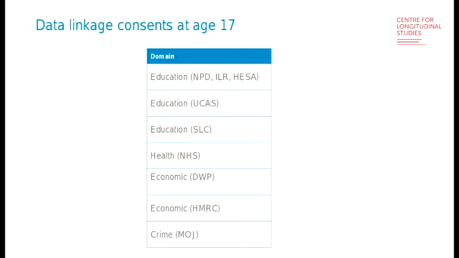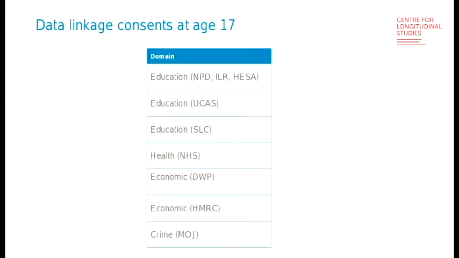UCAS also, and SLC, the Student Loans Company. And then health information, from the National Health Service, various different things, and also linkage to economic information from the Department for Work and Pensions, HMRC, Revenue and Customs, for example, on income, tax and benefits, and the last area is crime, Ministry of Justice. So they're the data linkage consents that we're trying to get at the moment.